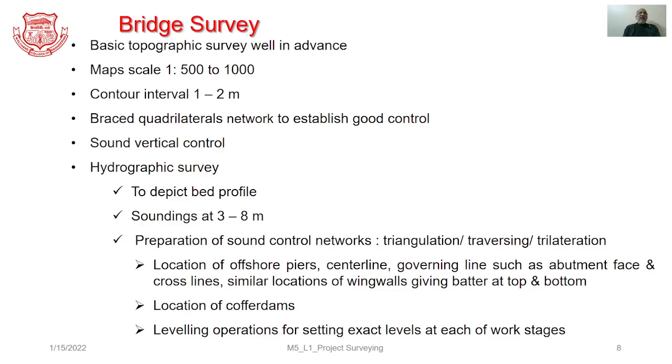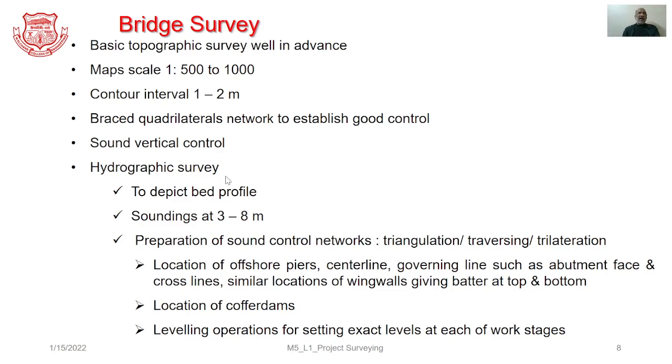The maps are prepared to the scale of 1 is to 500 to 1000. Usually, the contour interval is chosen to be 1 to 2 meters. Braced quadrilaterals are always preferred in order to establish good control on the work, and GTS benchmarks are used in order to establish sound vertical control.